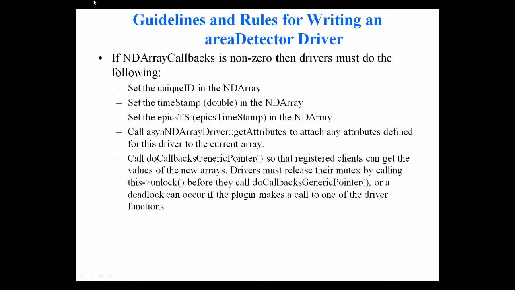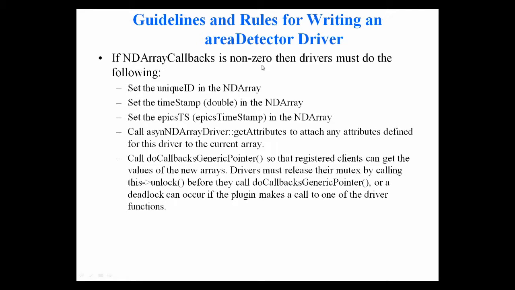Okay, and then if the ND array callbacks parameter is non-zero, so you should be able in your driver to turn off callbacks and say, I only want to run the camera, I don't want to call any of the plugins, because that can eliminate, for instance, the need to copy data if the user isn't interested in doing callbacks.